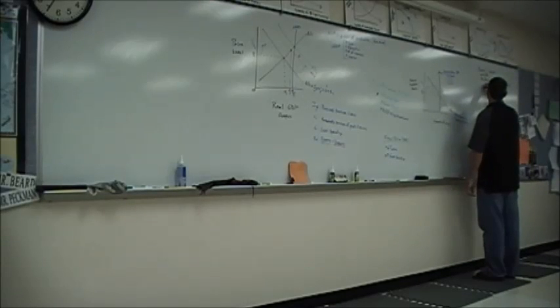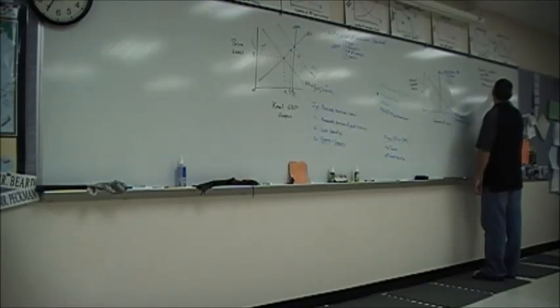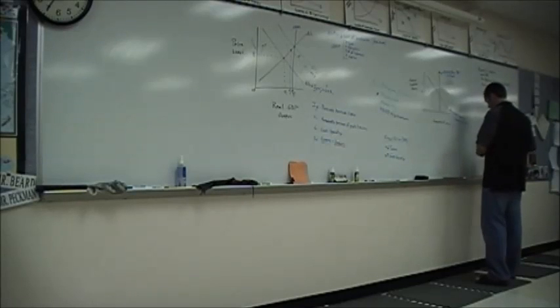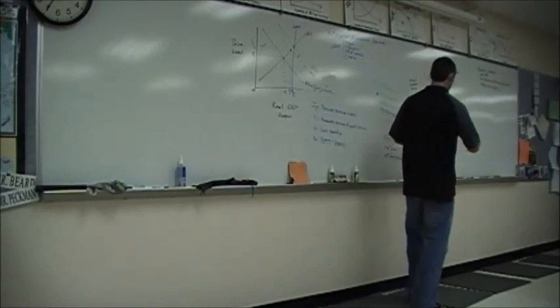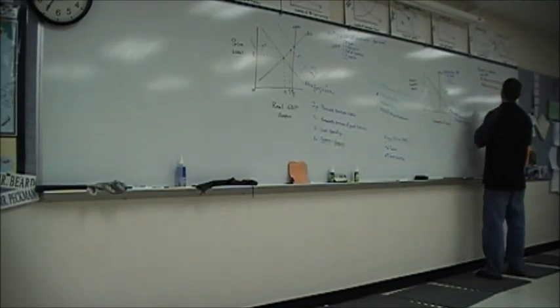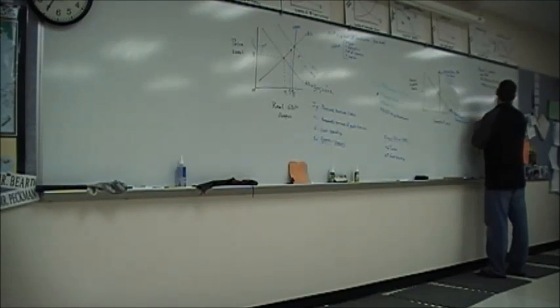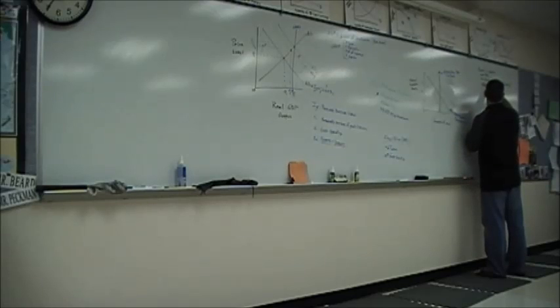This would cause AD to increase. Why would AD increase? Well, AD equals government spending plus consumption plus gross investment plus net exports. If you kind of color code this, if we see government spending going up, well, that would just literally mean government spending going up.